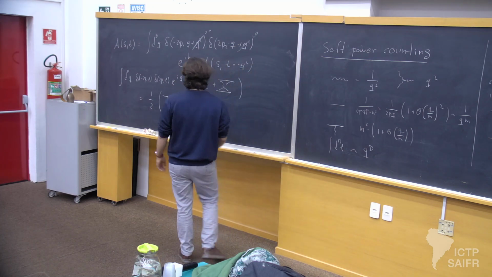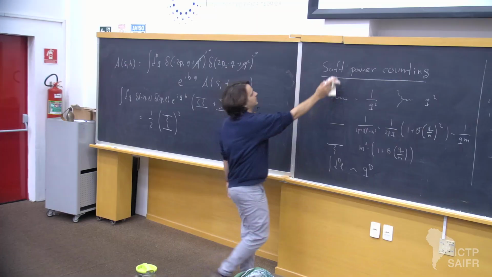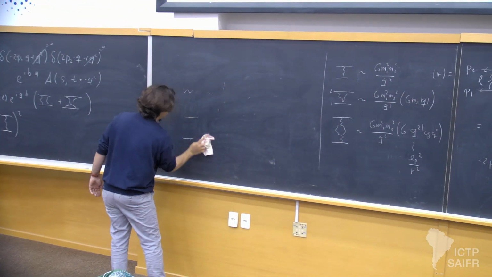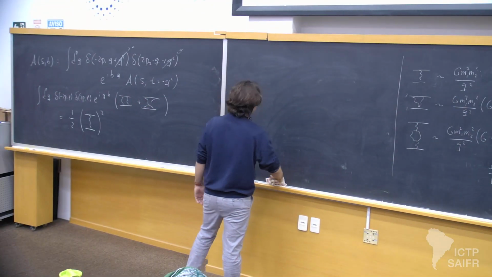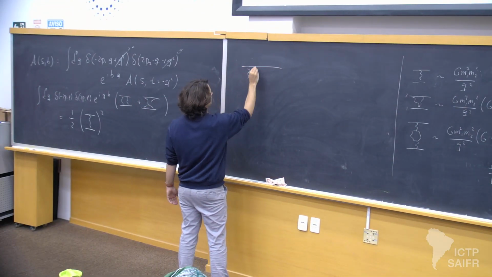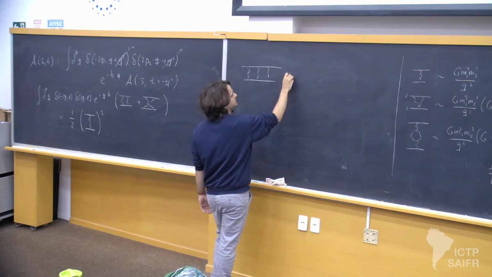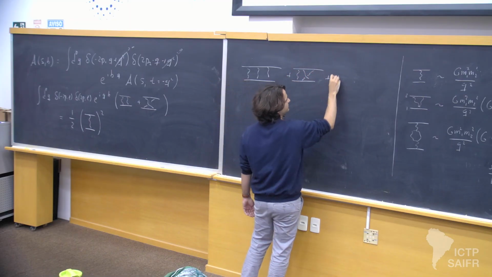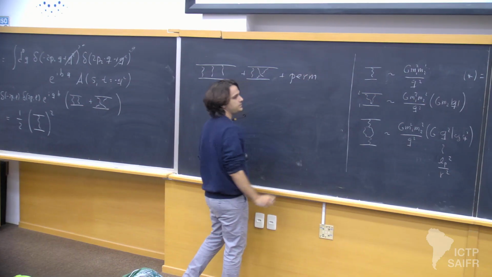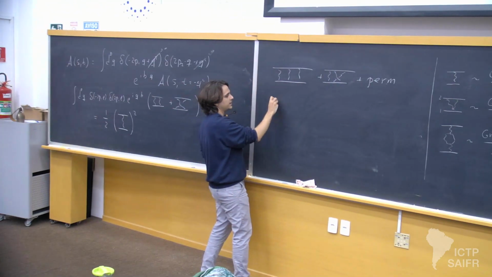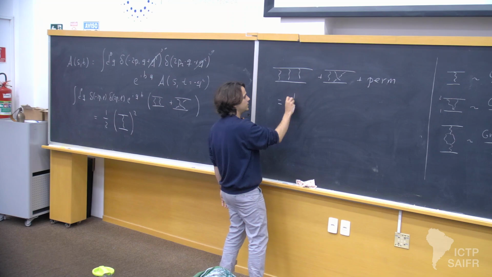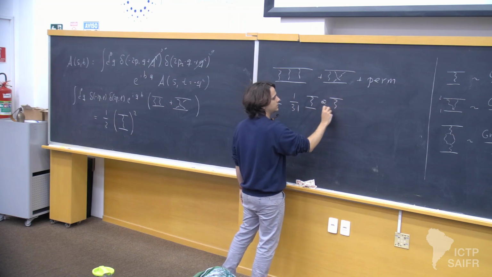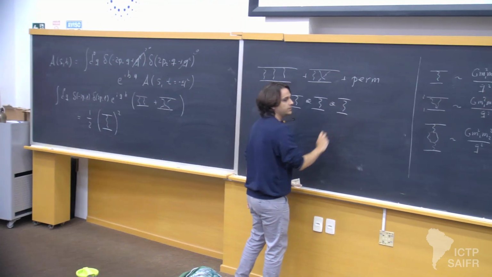And this keeps going, actually. If I went to the next loop order, where I would have this plus a bunch of permutations, if I did the calculation, I would find that this is actually 1/3 factorial of the triple convolution of the tree.